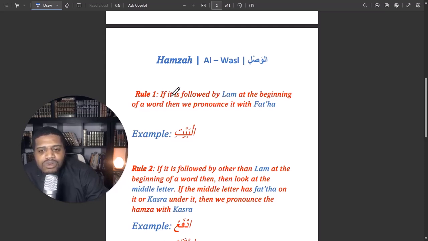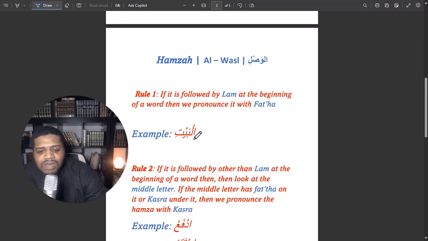So the first rule is, if Hamzatul Wasl is followed by lam at the beginning of a word, then we pronounce it with fatha, like this word here, al-bayt. We have this hamza, and after it is this lam.